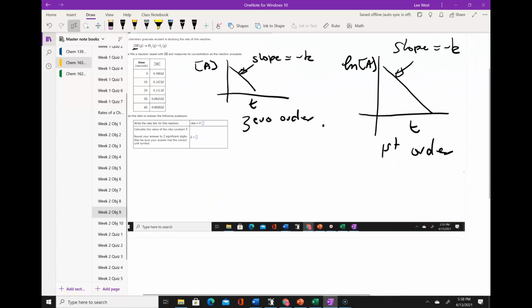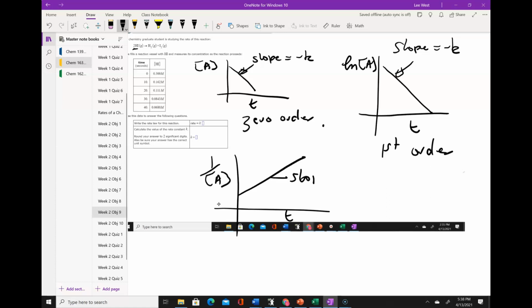We will also make a plot of 1 on the concentration against time. And if this has a positive slope and is perfectly linear, then our reaction is, you guessed it, second order.